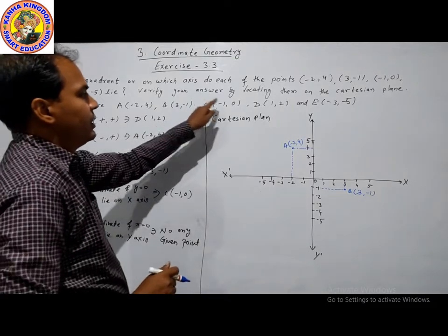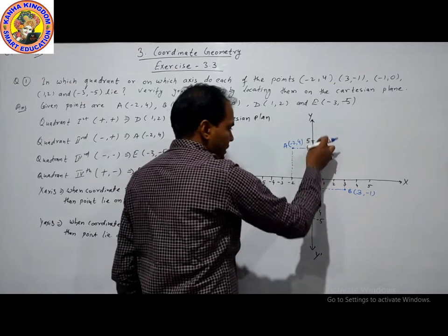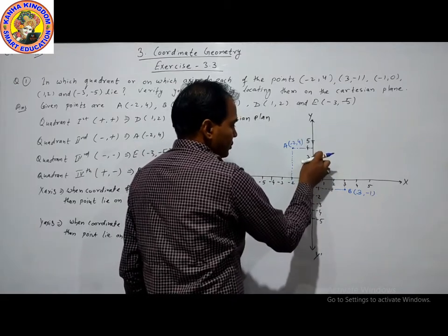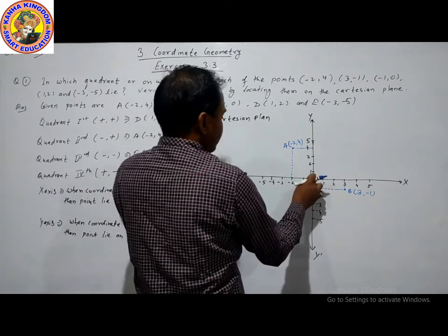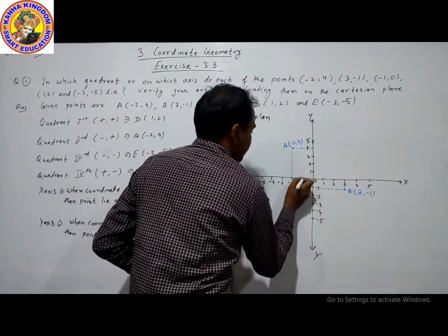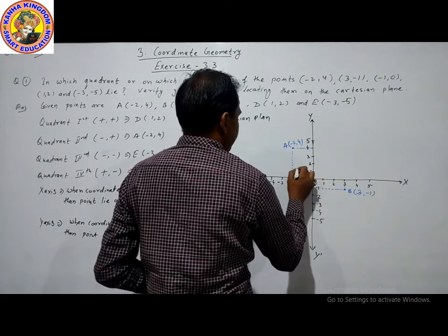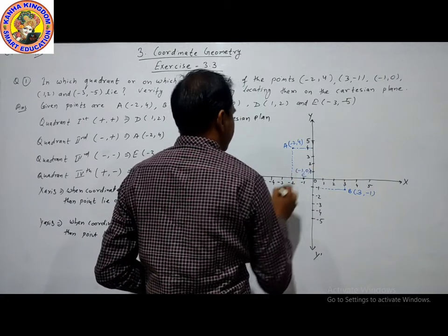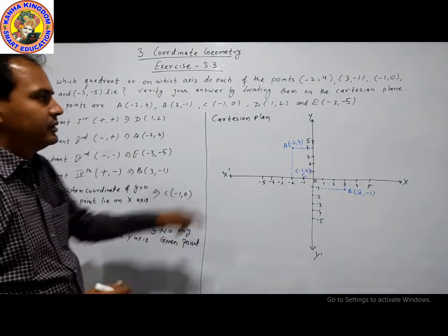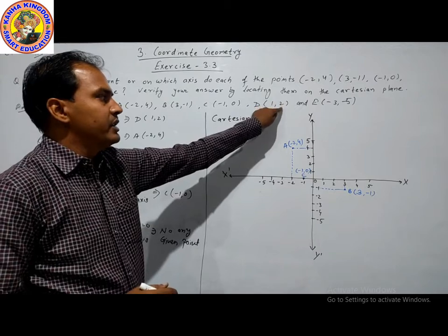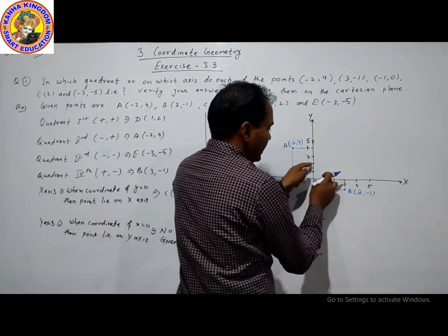Point C. X is equal to -1, y is equal to 0. Here is 0 on the y-axis and x is -1. So the point is here, point C (-1, 0). Now we locate point D. X is equal to 1, y is equal to 2.